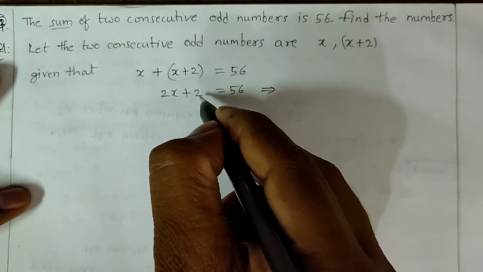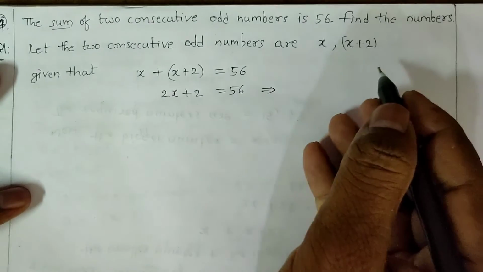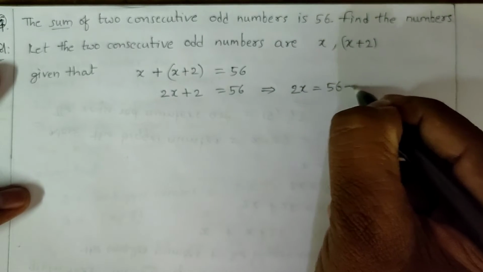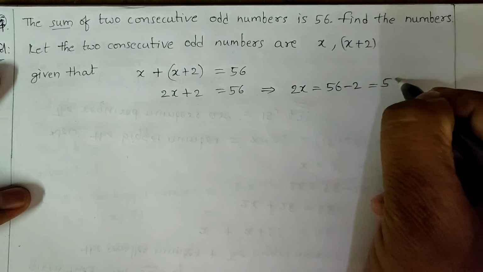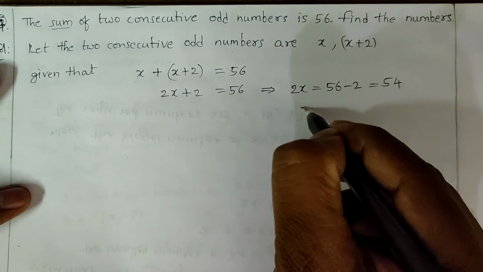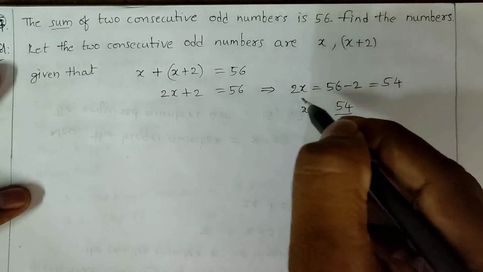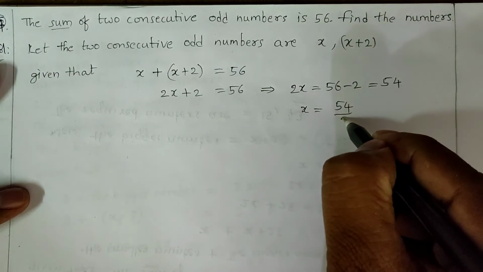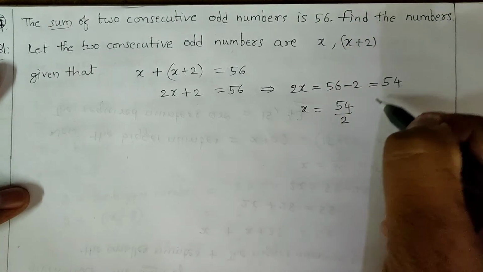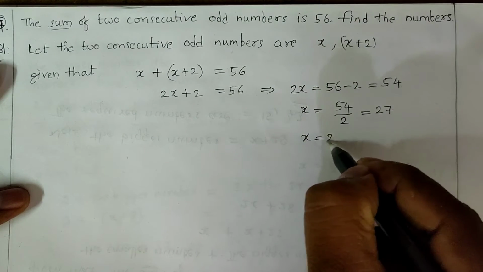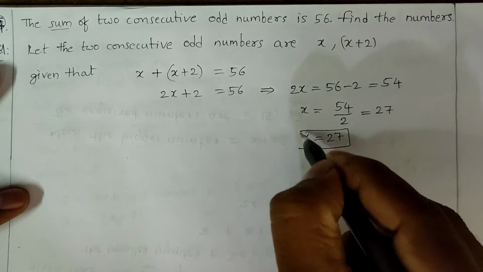If you transpose this 2 to the right hand side, it will become minus 2. So 2x equals 56 minus 2, that equals 54. Now 2x equals 54. If you take 2 to the right hand side, it will become 54 by 2. So 54 by 2 is equal to 27. Therefore the value of x is 27.